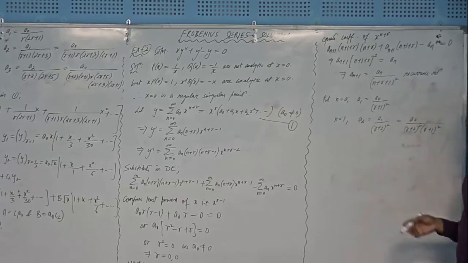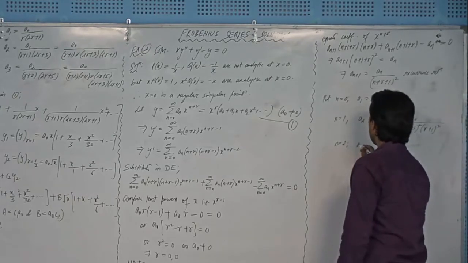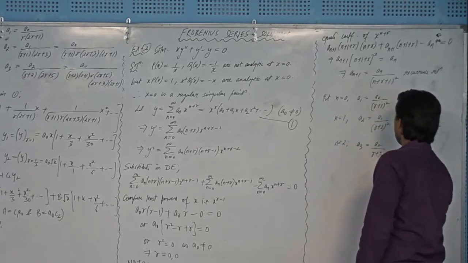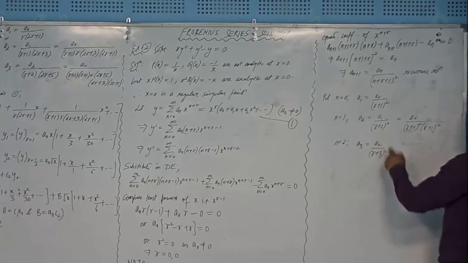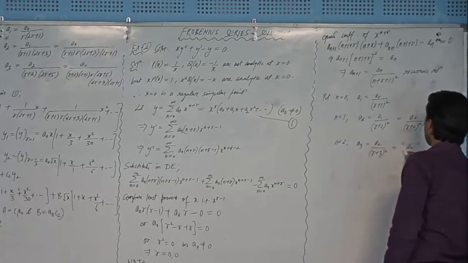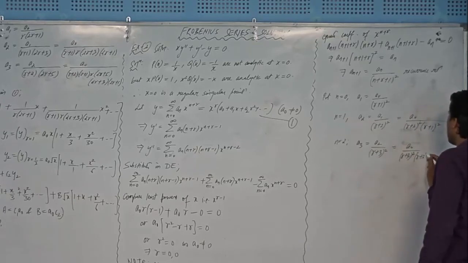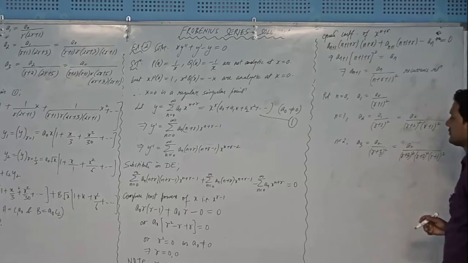So we are getting a definite pattern from these coefficients. Putting n equal to 2 one more time, I will get a3 equal to a2 divided by r plus 3 whole square, and using this value, that will give you a0 over r plus 3 whole square, r plus 2 whole square, r plus 1 whole square. I think these coefficients are sufficient.